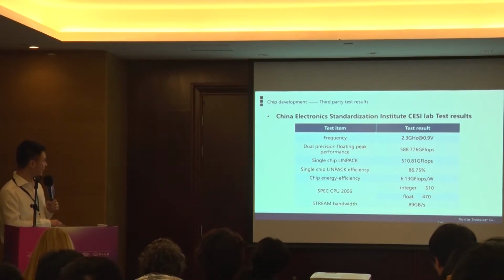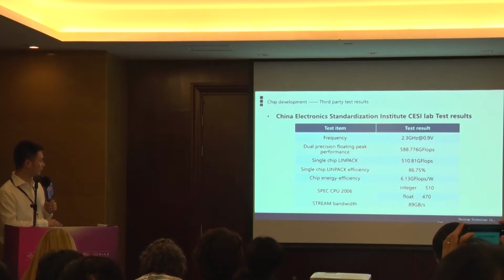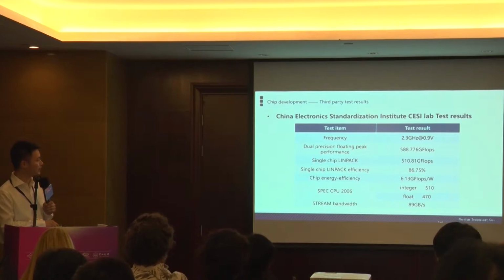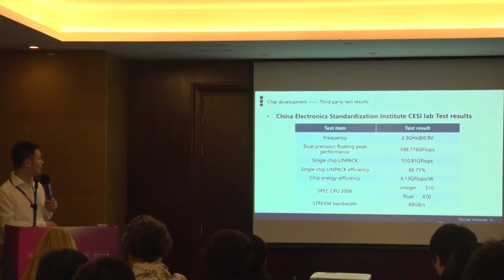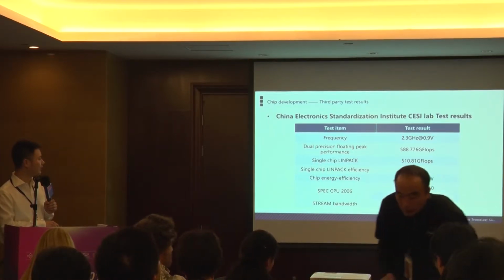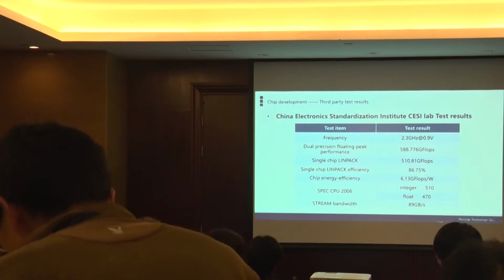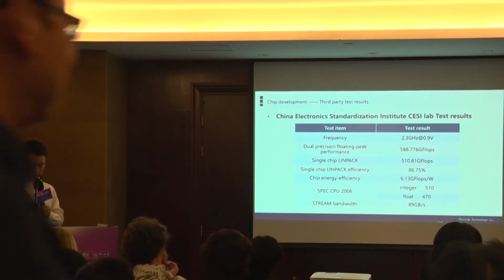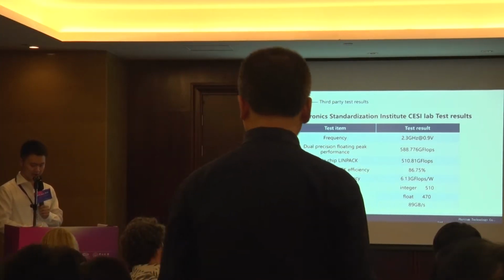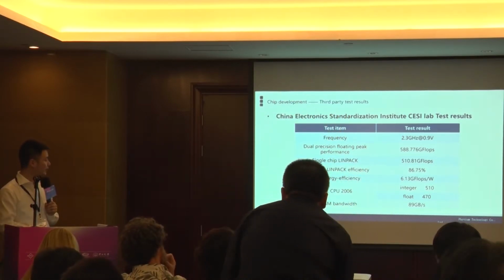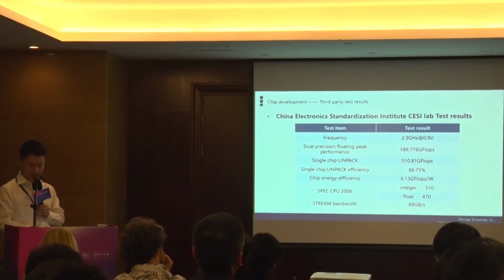The single chip implementation efficiency is about 86.75%, and the chip energy efficiency is about 6.13 gigaflops per watt. On SPEC 2006, the integer score is 510 and the float score is 470. The stream bandwidth is 89 gigabytes per second.